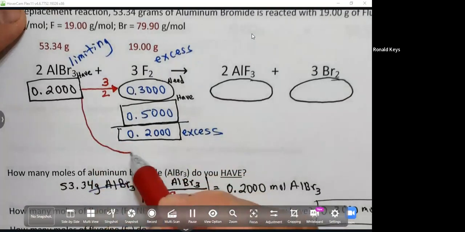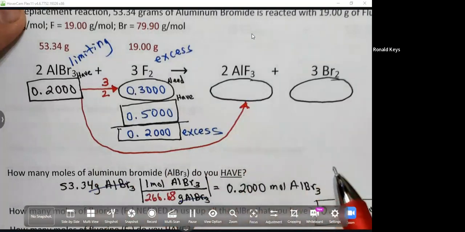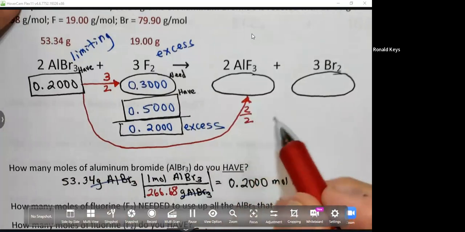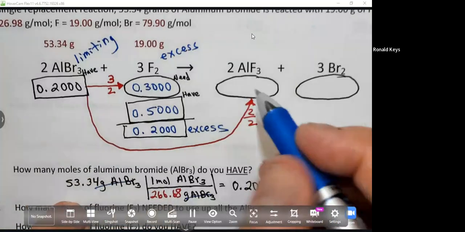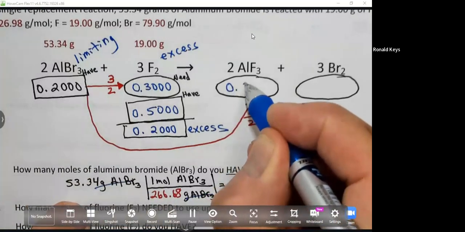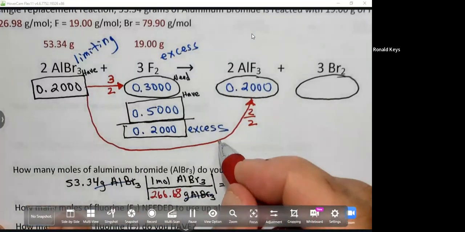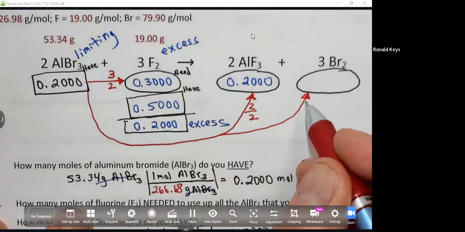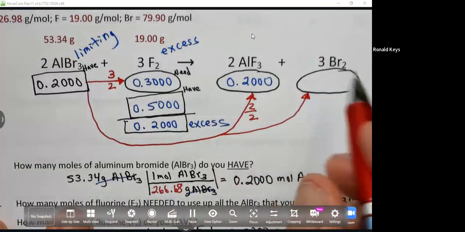We're going down here. What's my mole factor fraction for this one? 2/2. So I'm going to produce the same number then, 0.2 moles here. And I'll just do this, it might make it look a little bit better. My mole factor fraction here is 3/2, right?